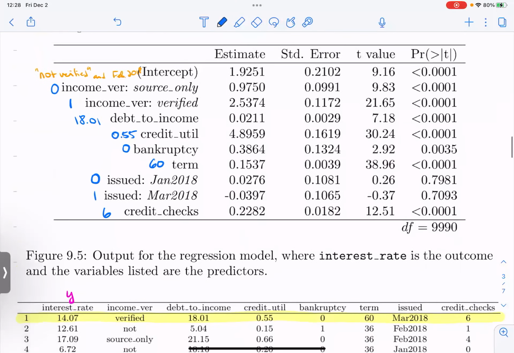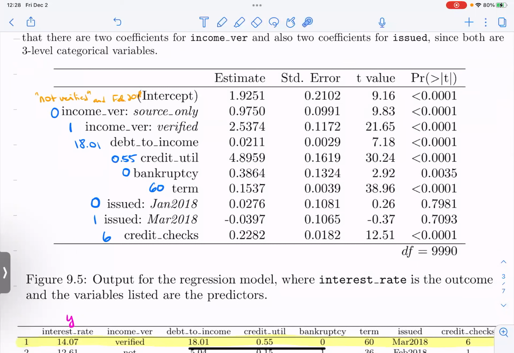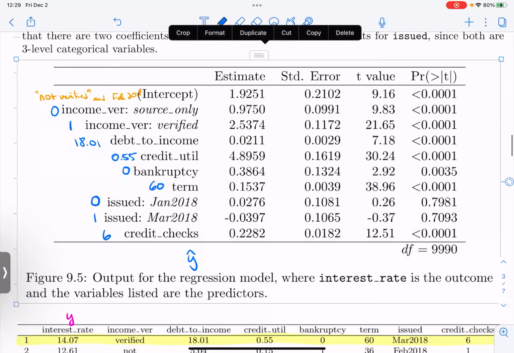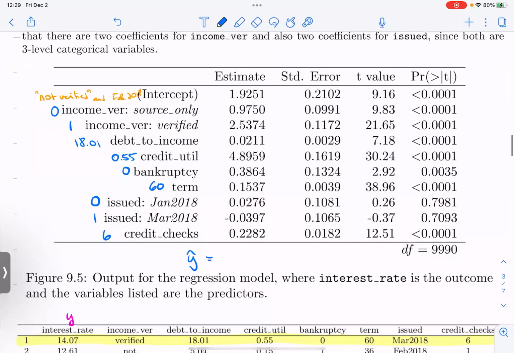So now, if I take 1.9251 plus 0.9750 times 0, plus 2.5374 times 1, plus 0.0211 times 18.01, et cetera, what we would find, and this was such a relief, is that the predicted value of y is 18.09.